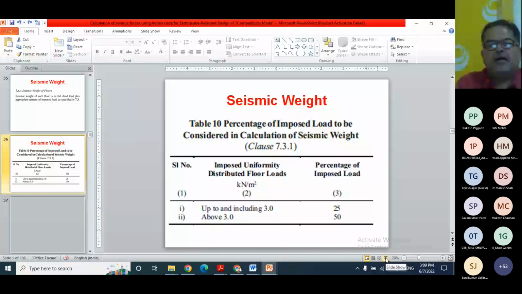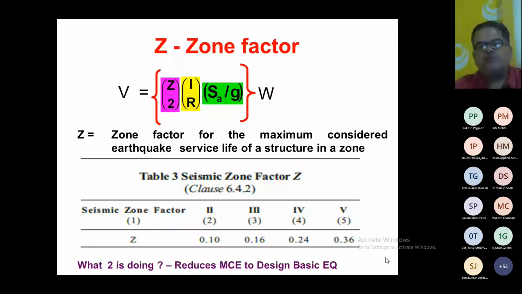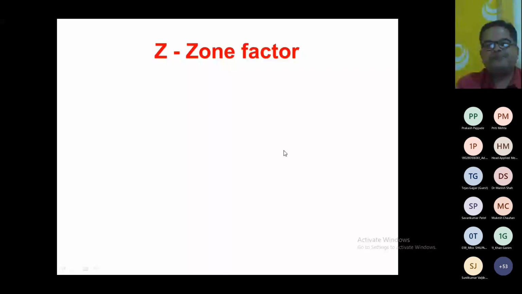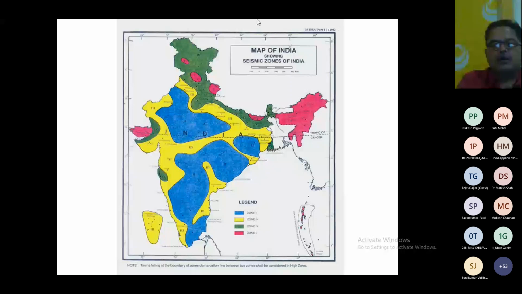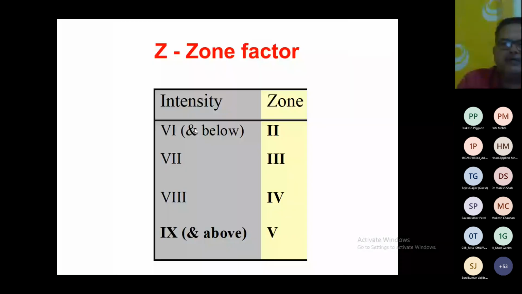Then the value of this zone factor is... one minute. Yeah. Here I told you that this is the seismic zones of India. India is divided into four zones: zone 2, 3, 4, and 5. Right. So if I'm saying Ahmedabad is in zone 3, we have to consider some different value, right?